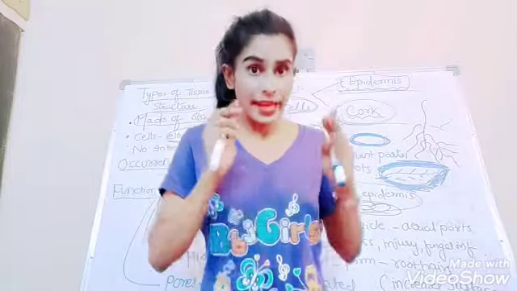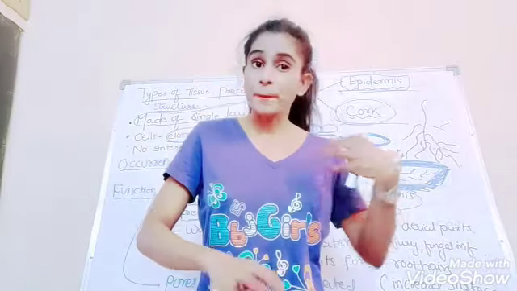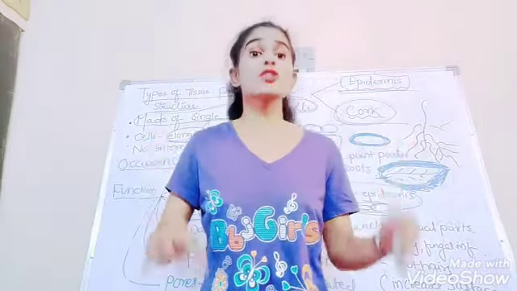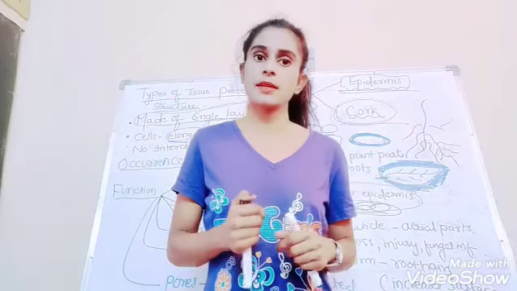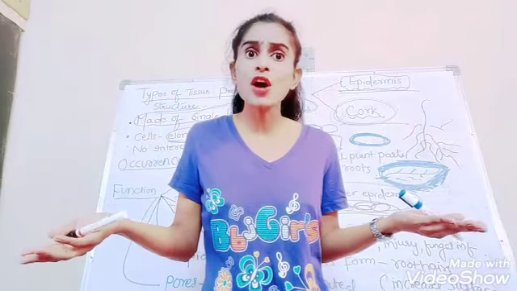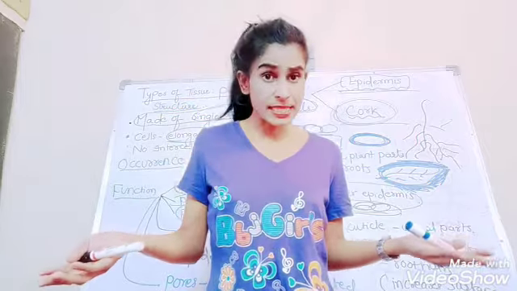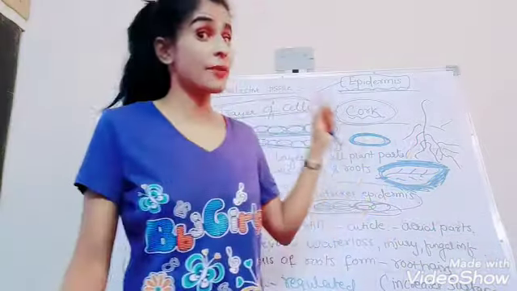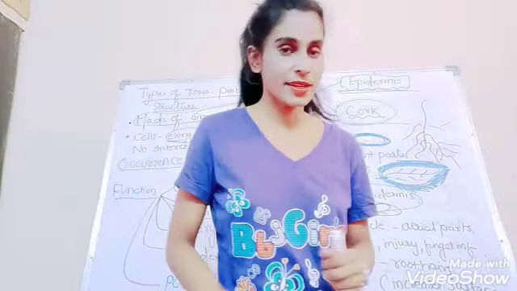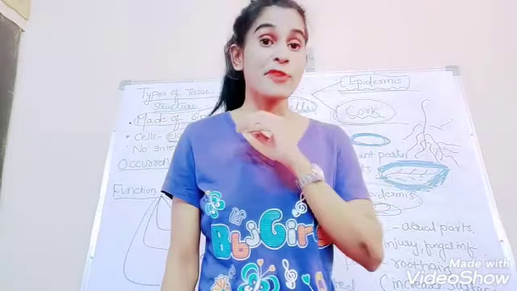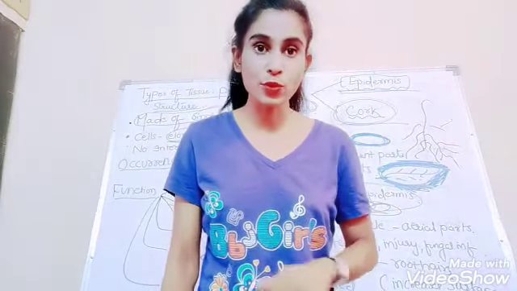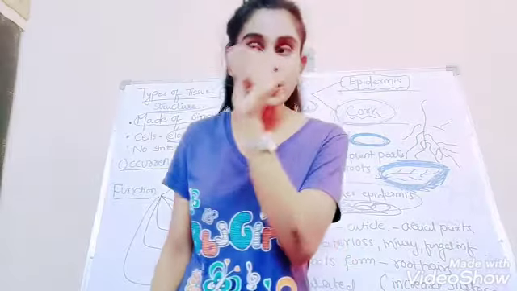Yes or no? If epidermal cells are present all through the plants, then there would be no chance of respiration. But these epidermal cells are very smart. What did they do? They leave some places.